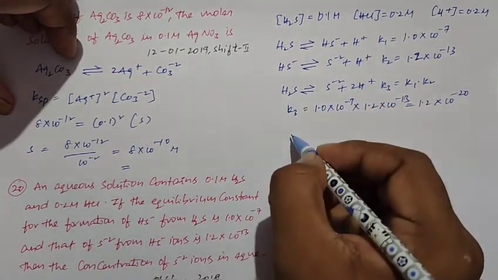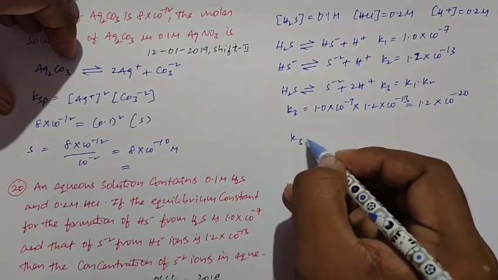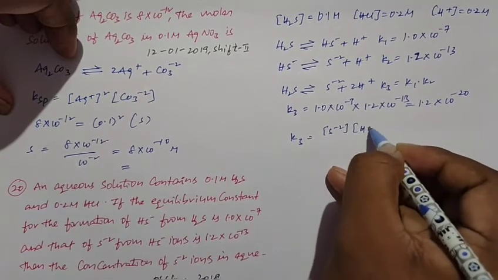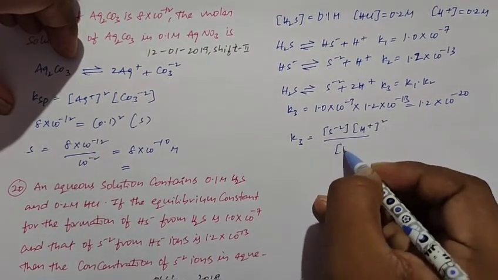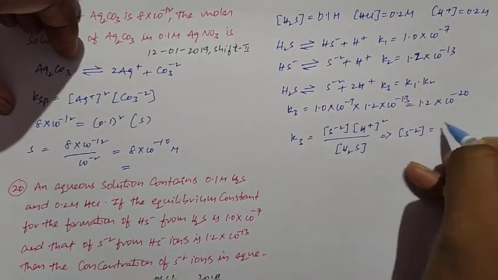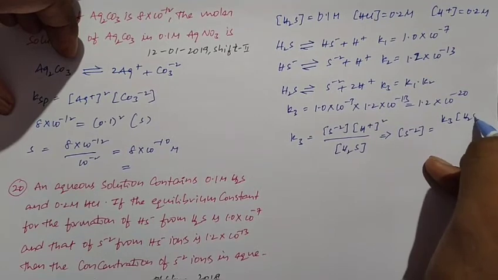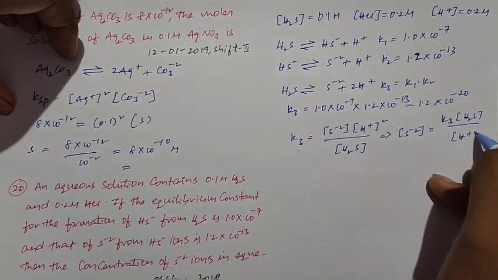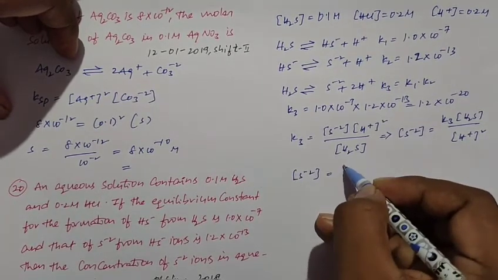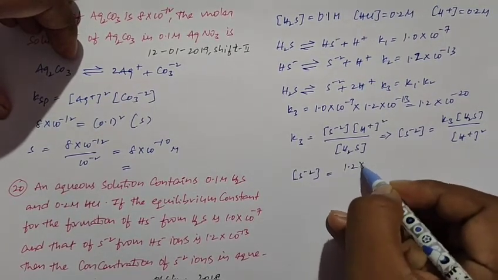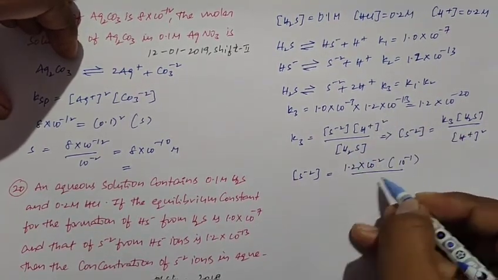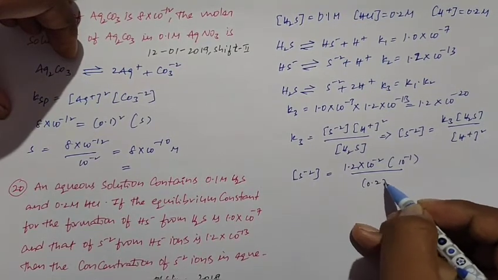Then for this, the equilibrium constant Kc is equal to the concentration of sulfide ion into the concentration of H plus ion whole square by the concentration of H2S. It implies the concentration of sulfide ion is equal to K3 into the concentration of H2S divided by the concentration of H plus whole square. Then the concentration of sulfide ion is equal to the K3 value 1.2 into 10 power minus 20 into the H2S concentration 10 power minus 1 by the H plus concentration 0.2 whole square.